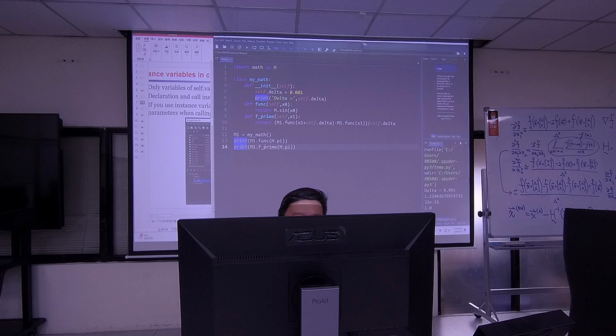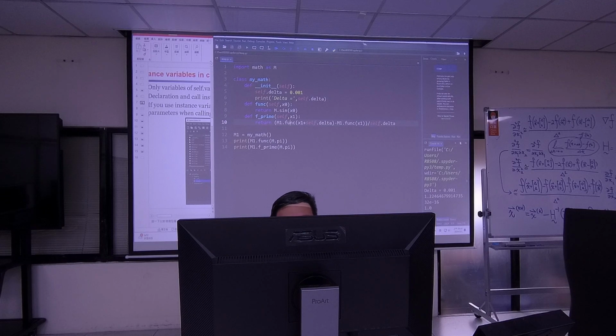Okay, so next line I compute f prime. So basically f prime over here is going to be cosine. So f prime, and then my input is pi again. I plug in, so x1 equals pi. So what does f prime do? F prime will not directly use cosine because I can change this function all the time. So if I write down cosine here, that means in the future when I change the function, I need to change f prime as well. I don't want to do that. I just want to use one equation to compute f prime for all kinds of functions you have right here.